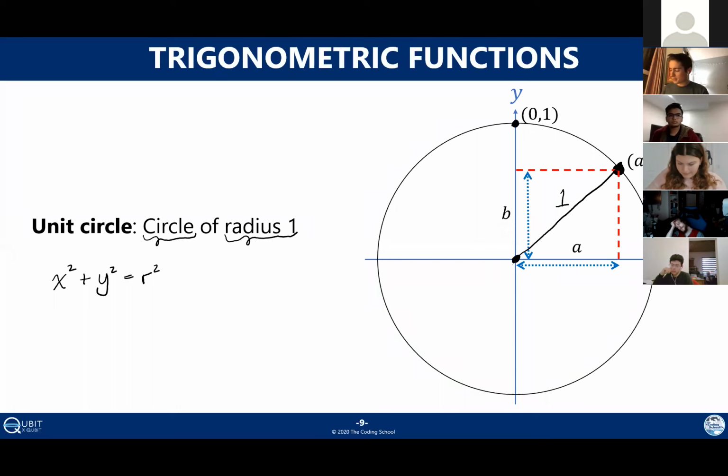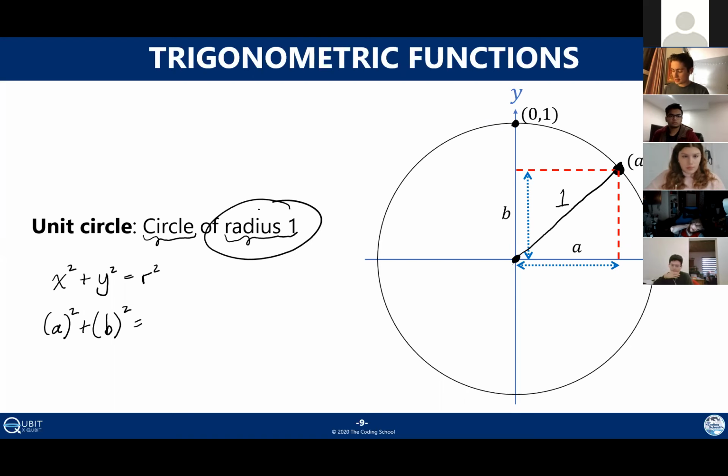So if we try plugging in our AB point over here into this formula, the x coordinate is A, so we square that. The y coordinate is B, square that. And the radius, remember, we're in the unit circle, so the radius is always 1. 1 squared is just 1. And so we get that A squared plus B squared will always be 1 for a point on the unit circle.